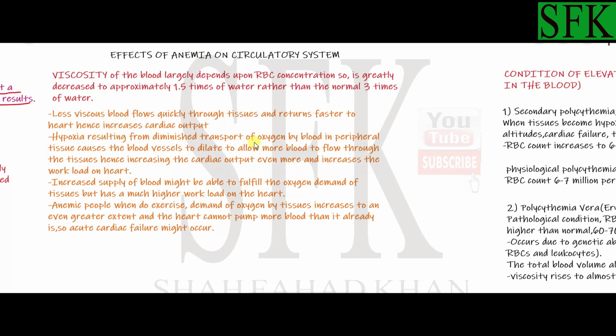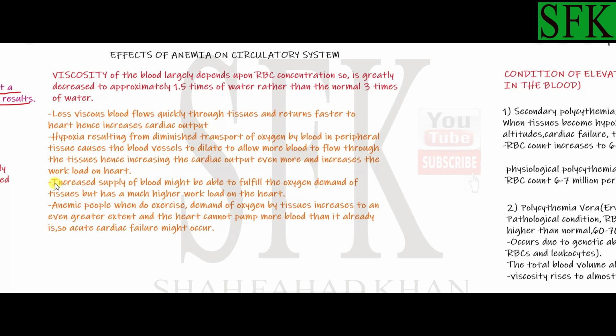So the peripheral blood vessels dilate because they are not supplying enough oxygen to the peripheral tissues, and this dilation also increases the amount of blood returning back to the heart, and hence increases the cardiac output and therefore the workload on the heart. So that's one of the reasons why it can drive towards cardiac failure as well.